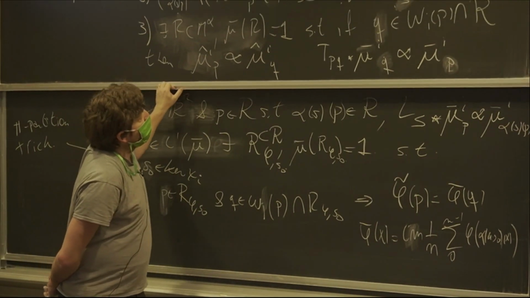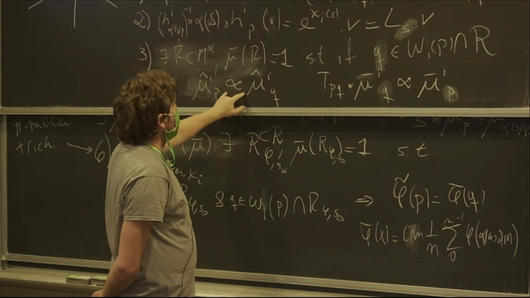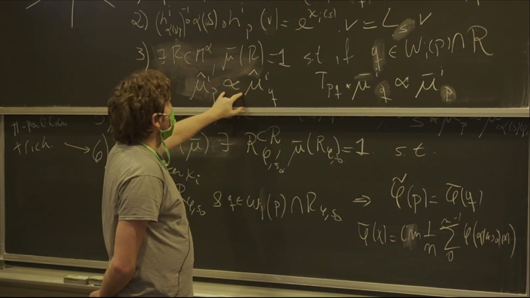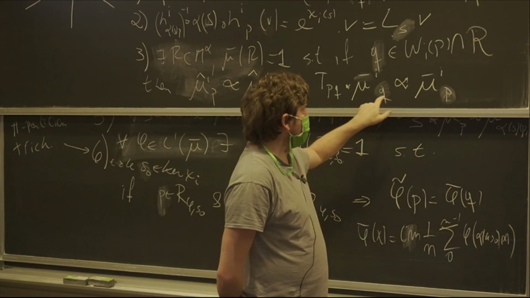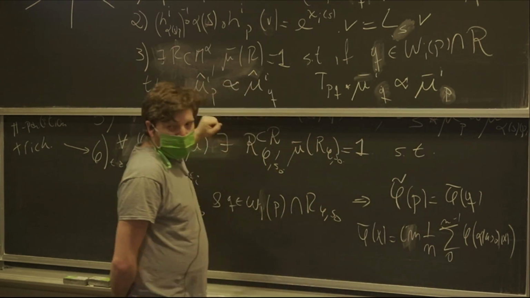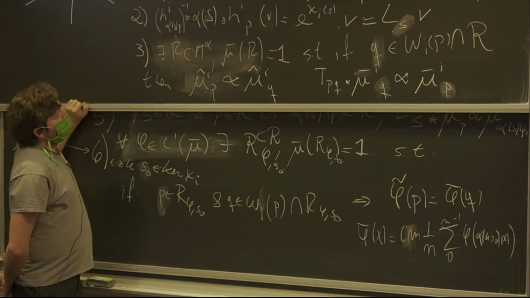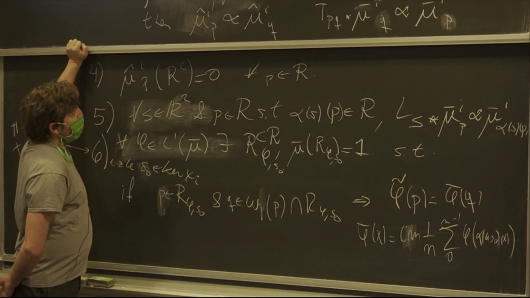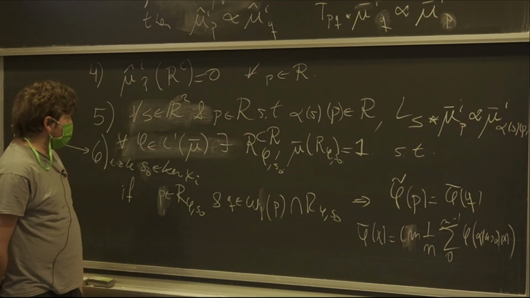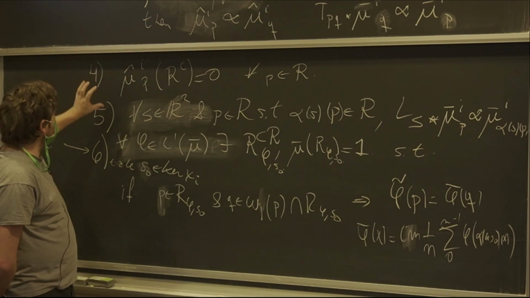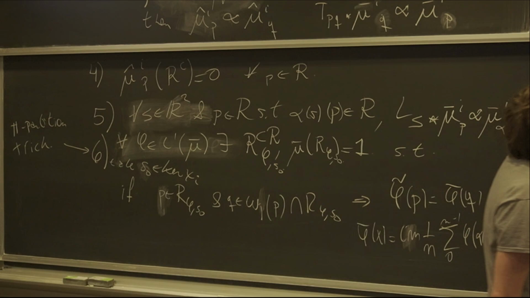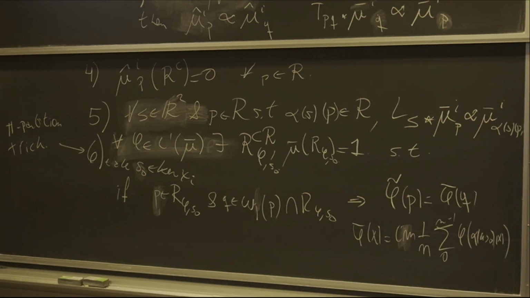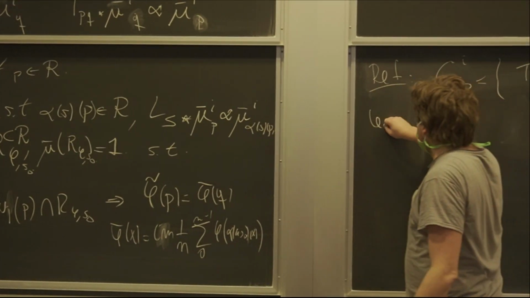Well, condition 3 is not yet, because I want the P to go to the same P. So I need some extra property. I have to put in a sense condition 3 and condition 5 to do that. But anyway, so this is the first lemma.